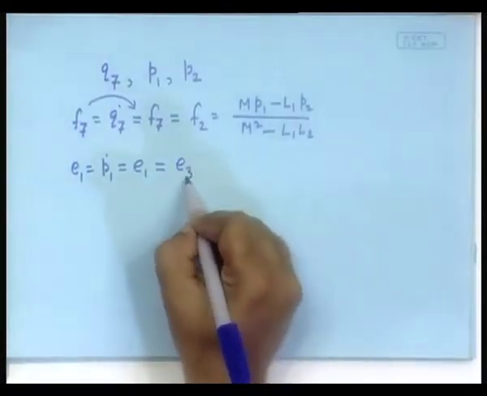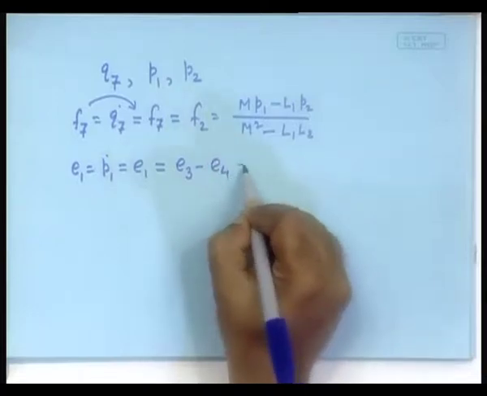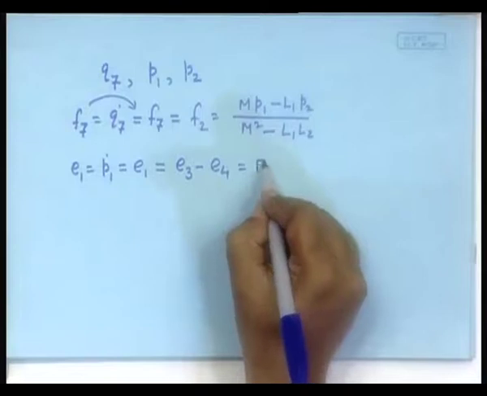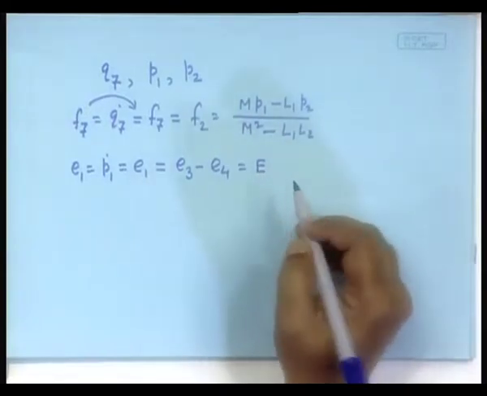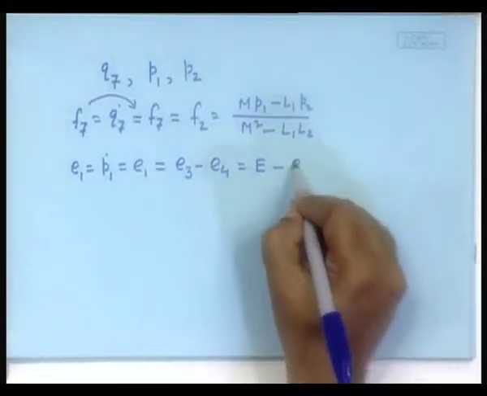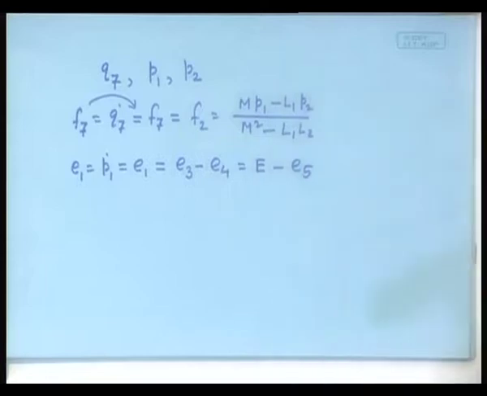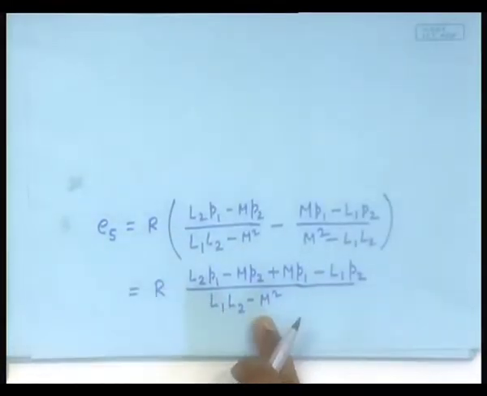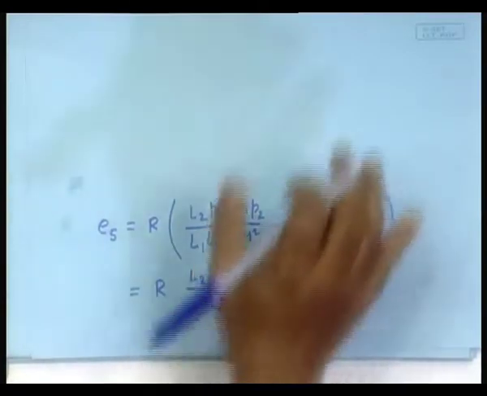E3 minus E4. Now, E3 is known, which is E, the externally applied voltage. E4 is E5, and E5 is known here. So, just substitute it there, you have the equation.